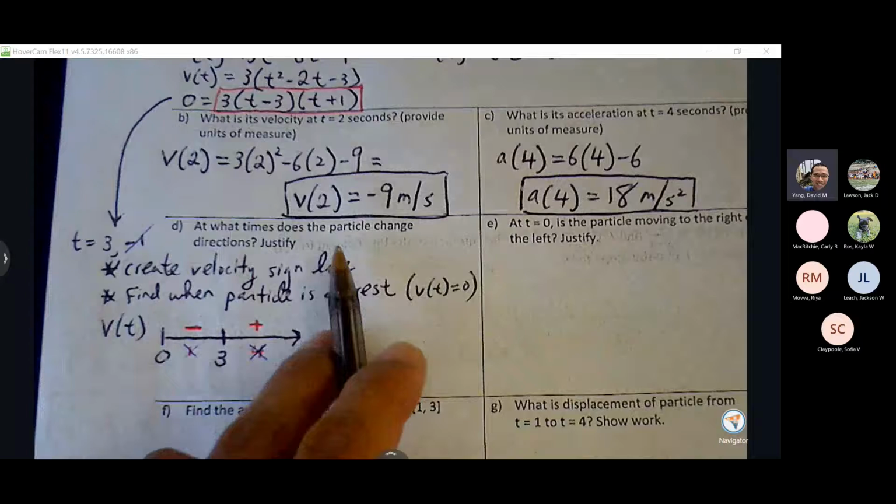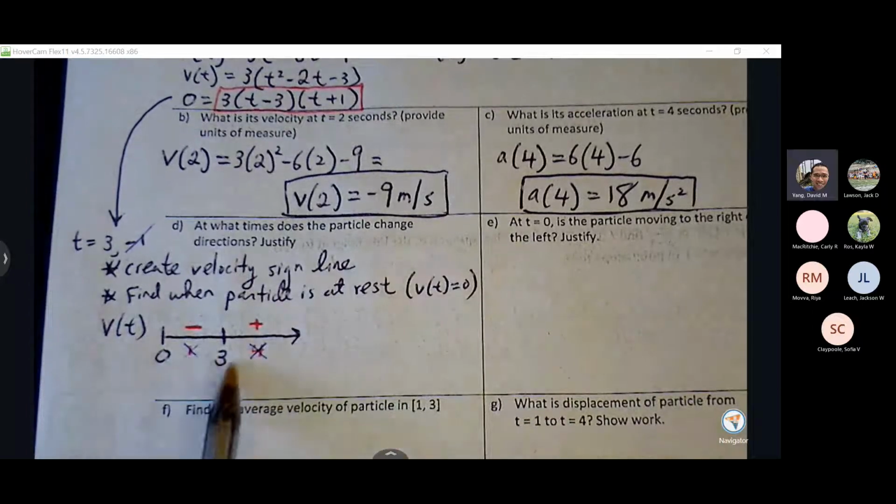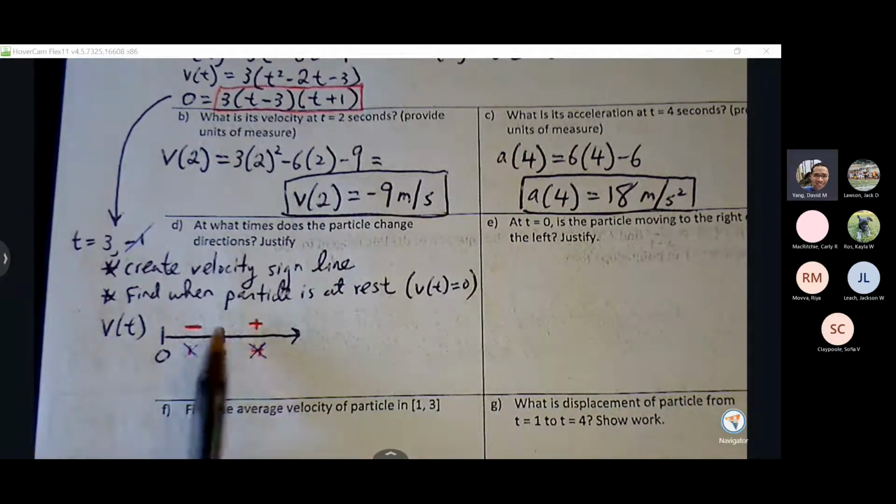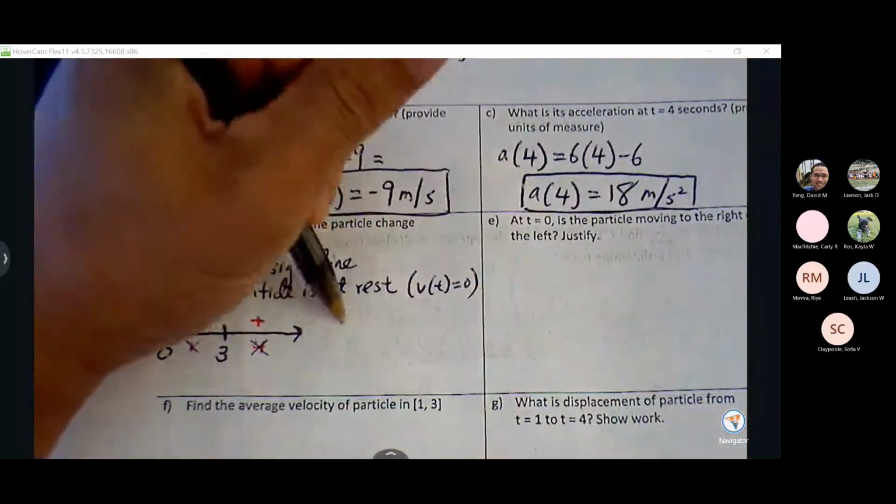So it says, at what time does the particle change direction? We see that there's a change in direction at t equals 3 because there's a sign change.